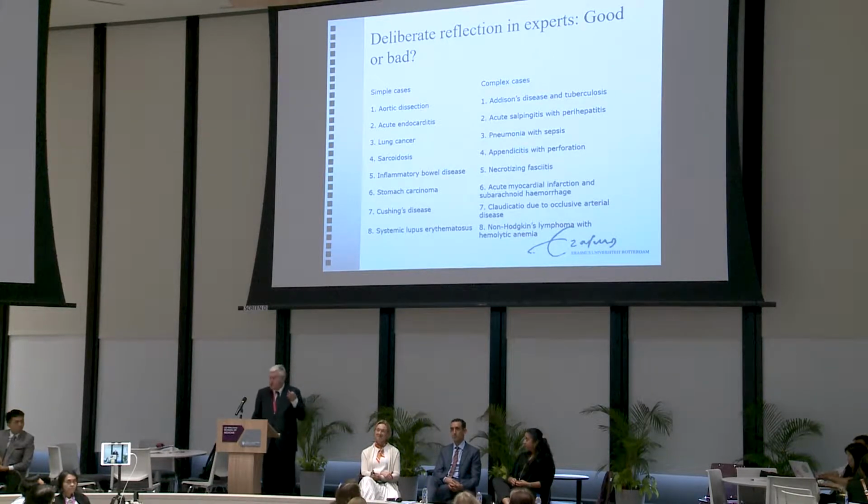So it was certainly not certain that a procedure like that would not add to the confusion rather than help. This is the situation. We asked these residents to diagnose these cases, give us a first diagnostic hypothesis, and then enter into the deliberate reflection exercise. Now let me show you some of the results.